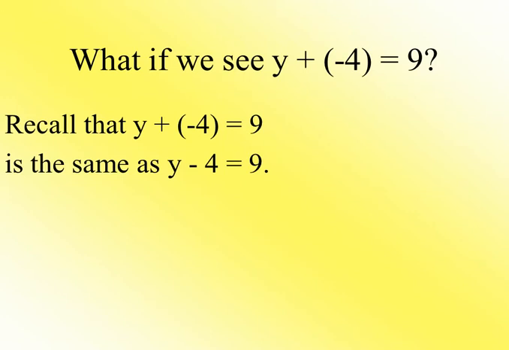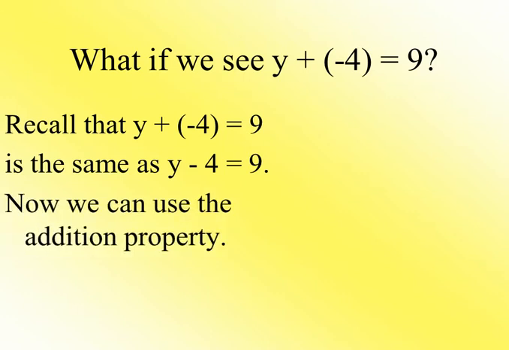Whenever I see the double symbols, I'd rewrite it with the minus, because it's going to make life a whole lot easier. Now that I know it's minus 4, I can use my opposite. The opposite of minusing 4 from something would be to add the 4. Again, it's just one quick step of doing an opposite. And that's all we're trying to do here.